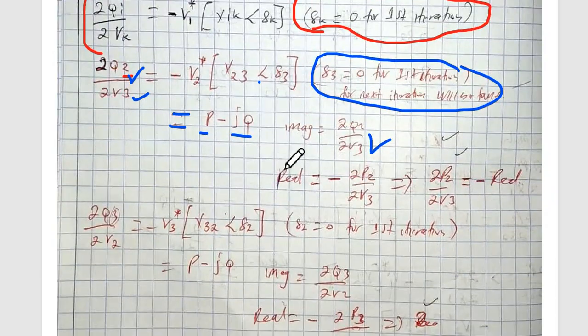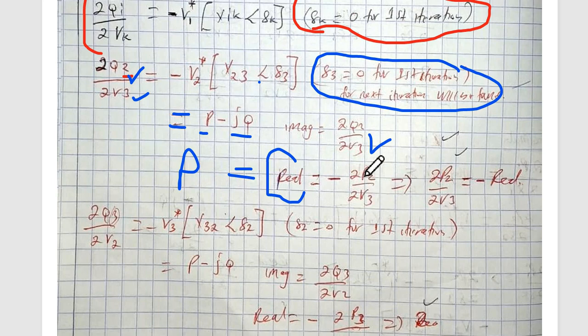So as usual, you'll get p minus jq. Imaginary is partial q2 partial v3, but to get partial p2 partial v3, it is negative of the real, since the real part is p. The real, which is p here, is negative of partial p2 partial v3.